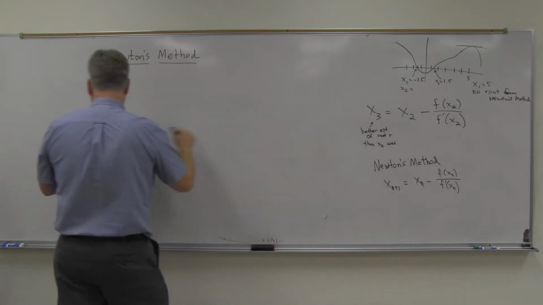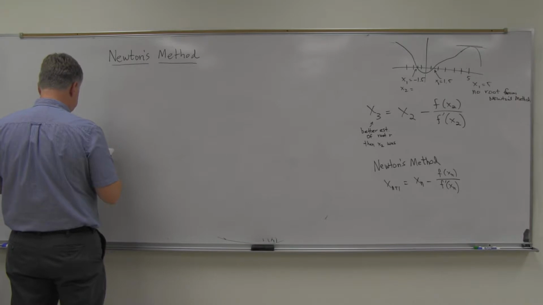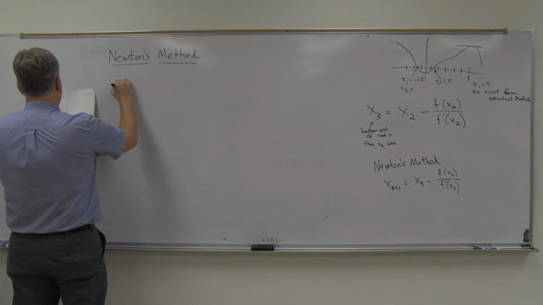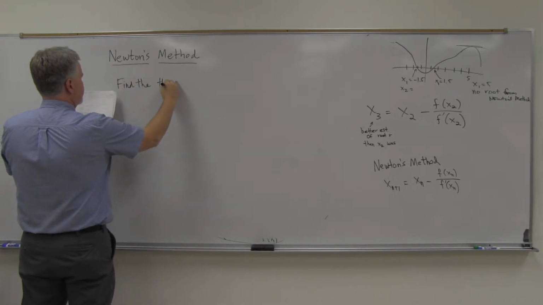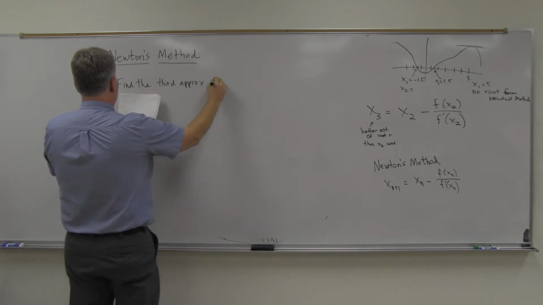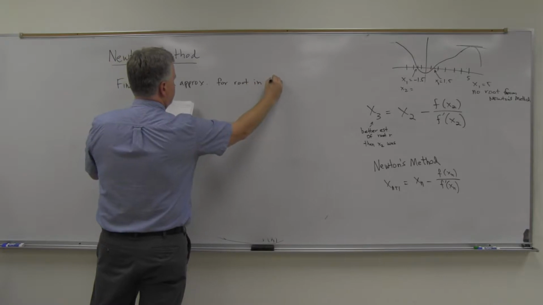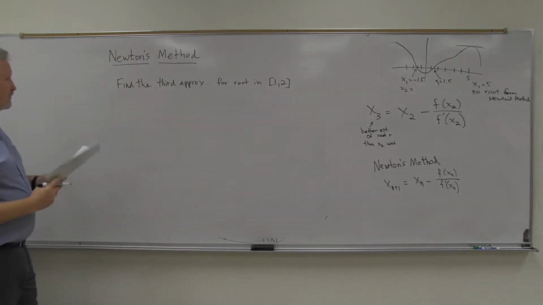Let's do this one. Find the third approximation for the root in the interval 1, 2. This is the wording they have in the book, so that's why I'm wording it like this.